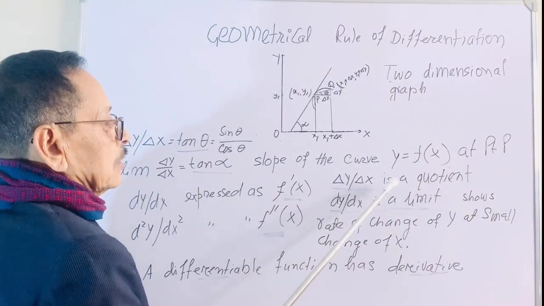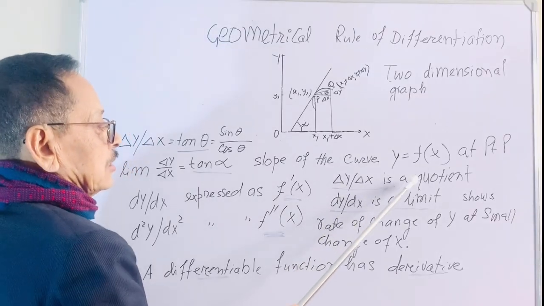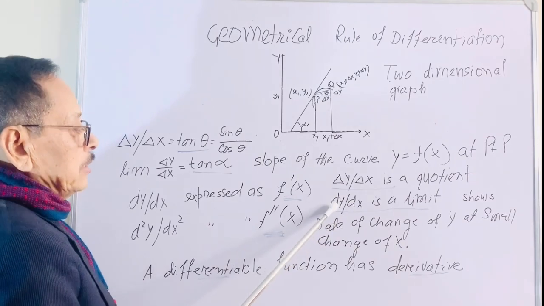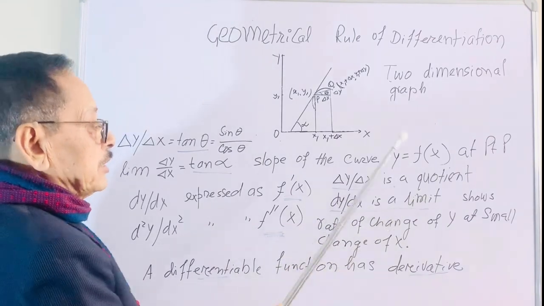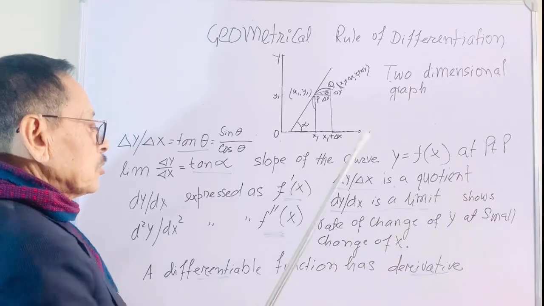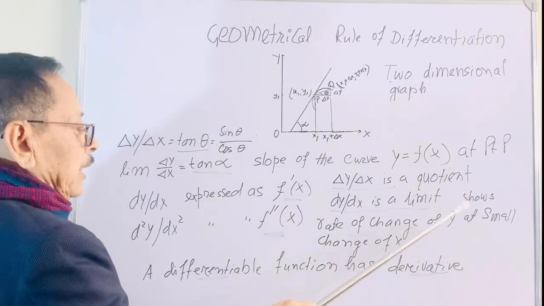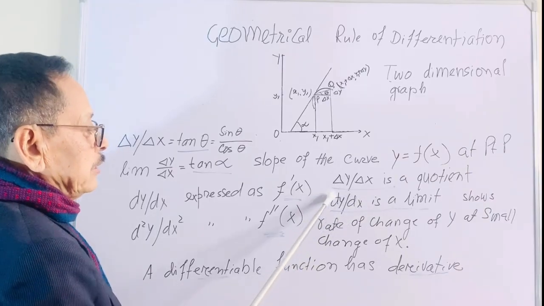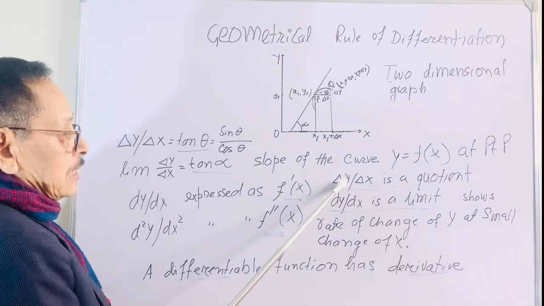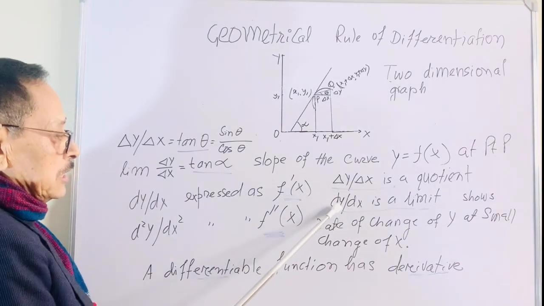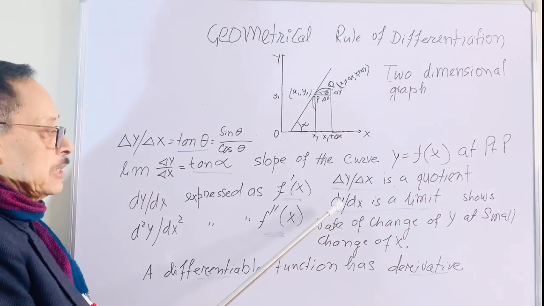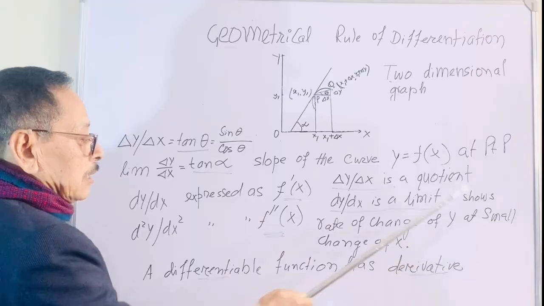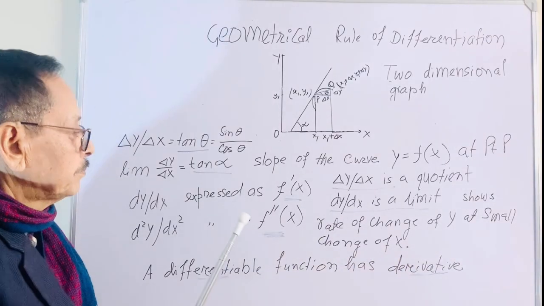And dy by dx is a limit, and it shows the rate of change of y at a small change of x. So when we express the derivative, we generally do not express it as delta y by delta x, but as dy by dx.